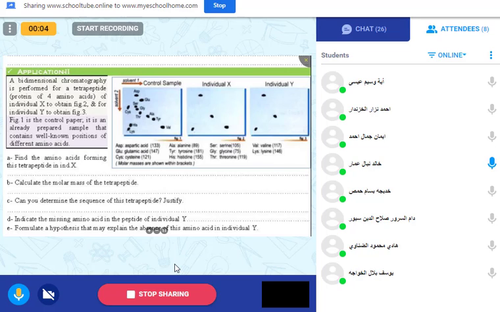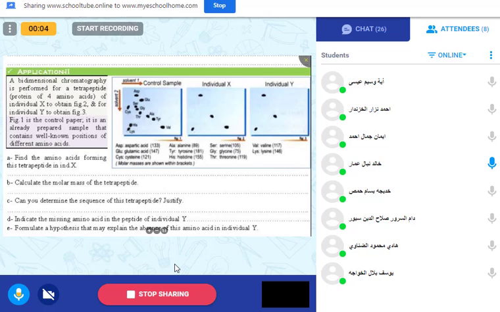What do you mean, Khaled, by control paper? A paper where you put amino acids that you know, so that you can do a comparison. Notice in the first paper, the control, every point has a name next to it. Why do you have these names? Because here you do it for the known amino acids, so you know each amino acid and where its point is.